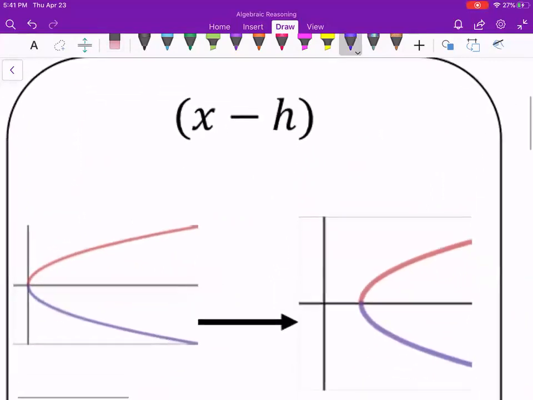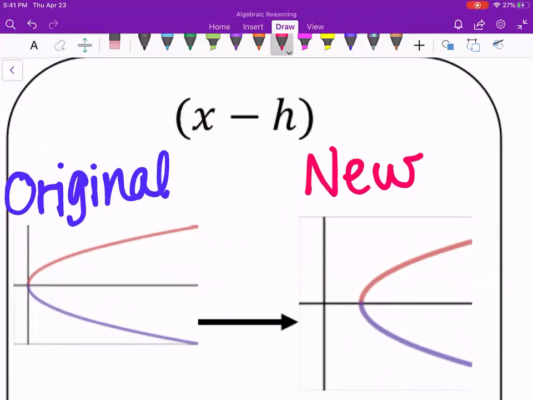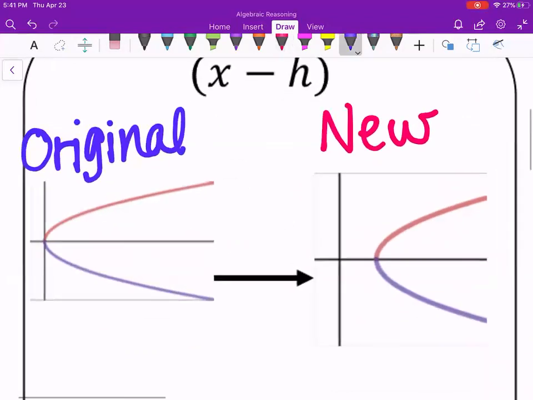All right, so notice we still have the original on the left. We have your new one on the right. And we're looking for those same kind of 5 points to always follow along. So this time, there is our vertex, still at 0, 0.